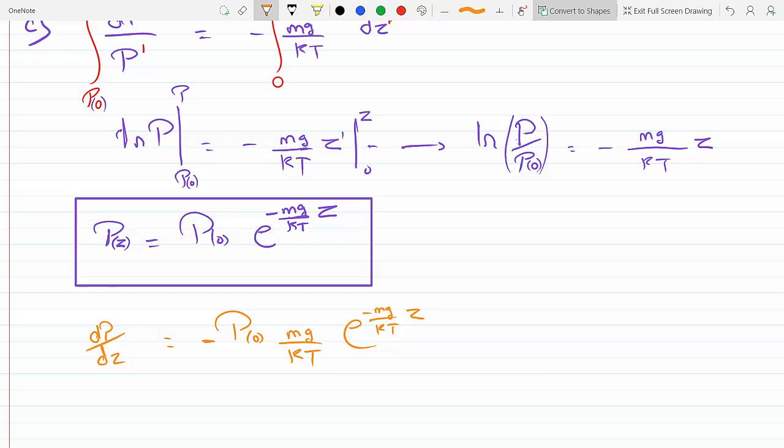But these two terms here are just the pressure, right? And so this is just equal to minus mg over kT times P.